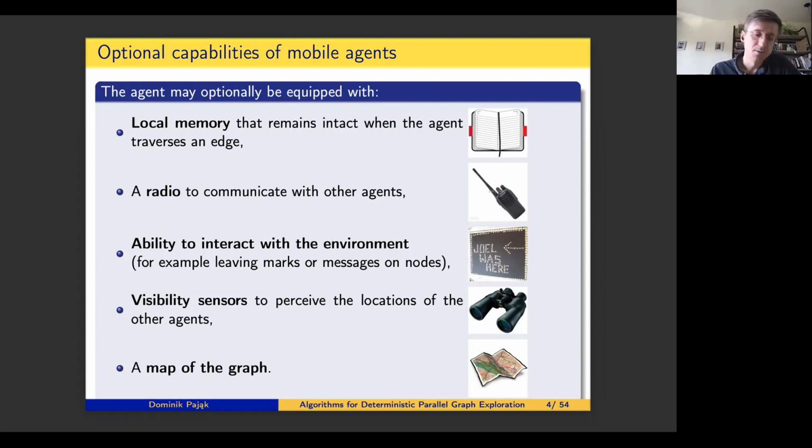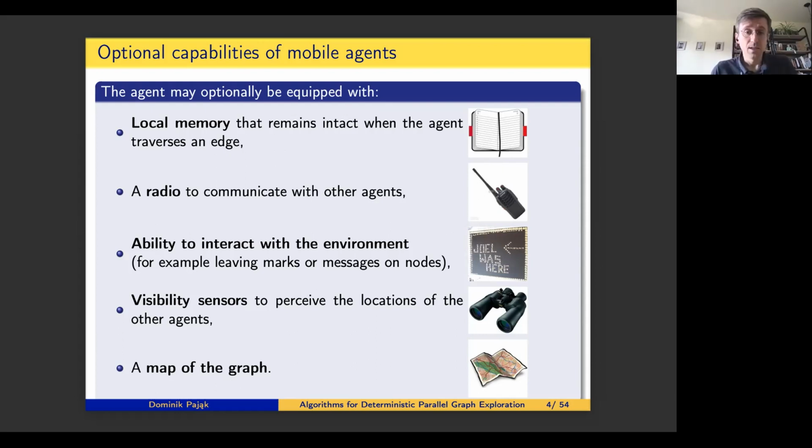Sometimes you can study that one agent moves faster than the other, but in this talk and in most of my papers, we just assume that they all take steps simultaneously. So they all decide at the same time and they take these steps at the same time. Does it answer your question? No, for me it's fine. Yeah, I think that everybody understands it.